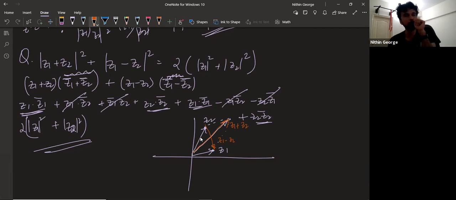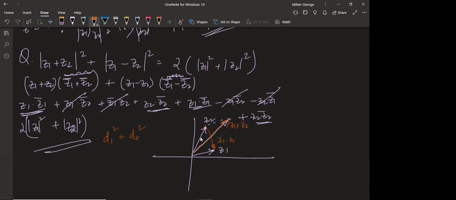So basically, what am I doing here? z1 plus z2 the whole square is the magnitude square of the first diagonal, plus z1 minus z2 magnitude square, which you're referring to as the second diagonal. Right, guys? And what is this?